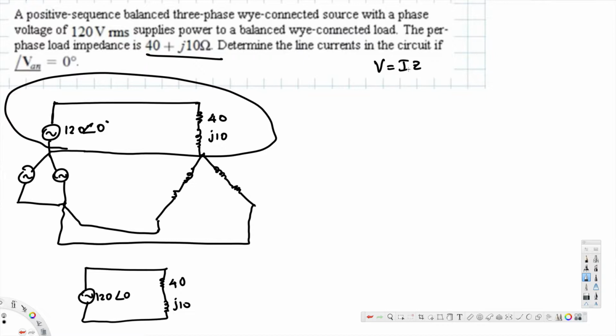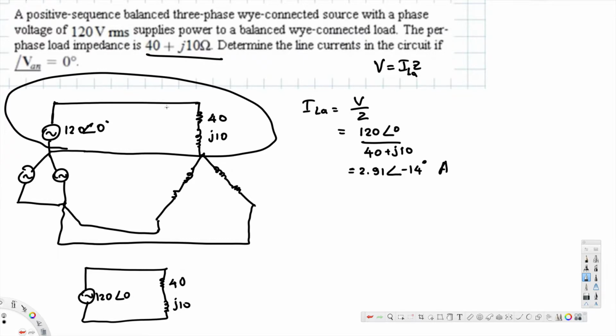Since we are trying to find line current, this is ILA because the top part is A. So line current A is going to be V divided by the impedance. V is 120 angle 0 divided by the impedance, that is 40 plus j10, and that gives us 2.91 angle negative 14 degree ampere.